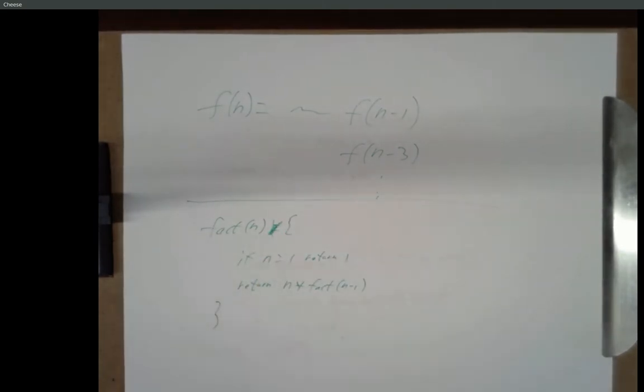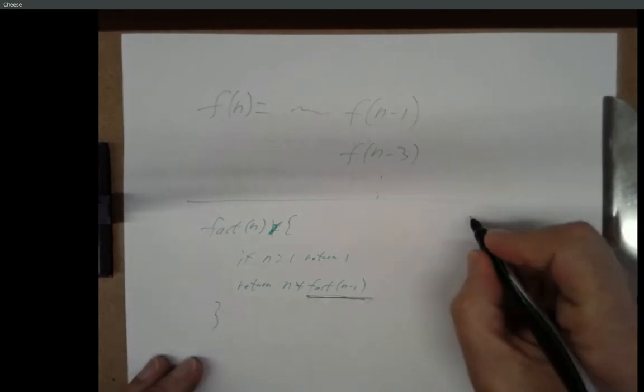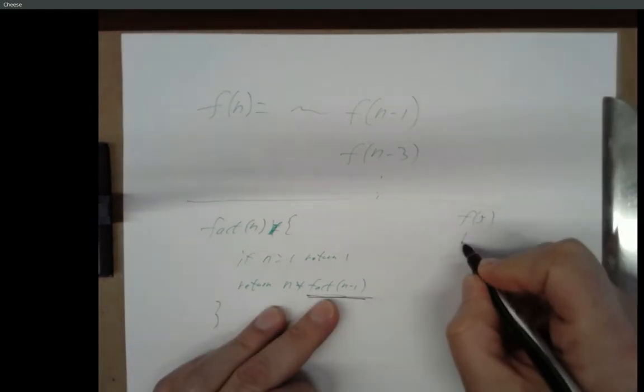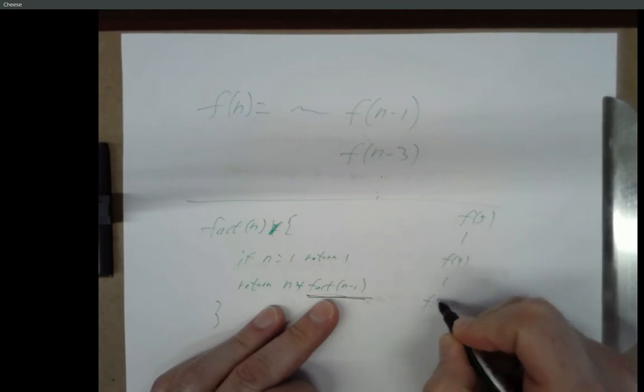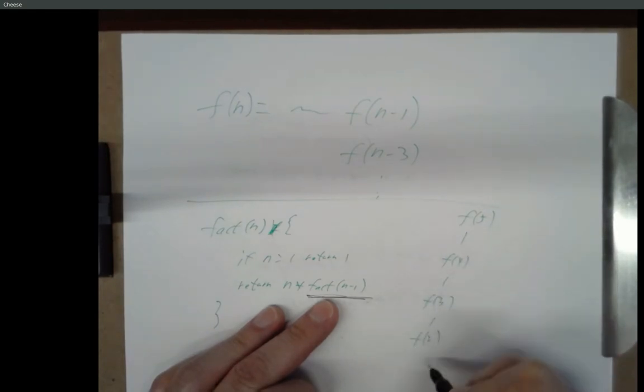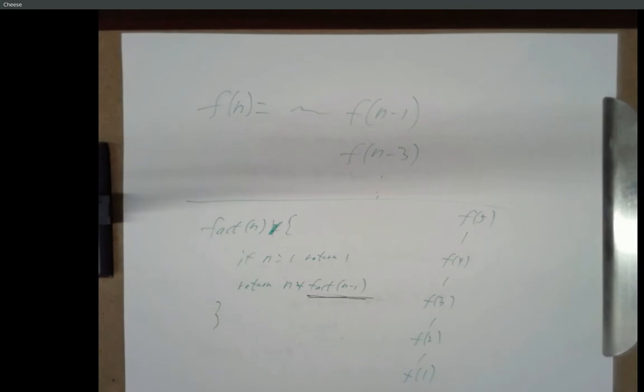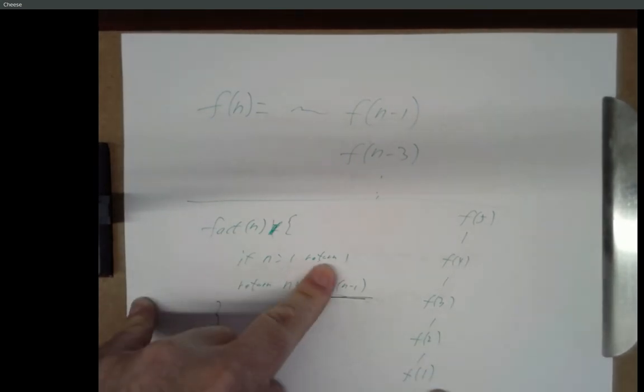Otherwise, return n times fact of n minus 1. This right here is the recursive part, right? So it's calling itself. In this example, if we want to calculate fact of 5, we're going to have to calculate fact of 4, and fact of 3, and fact of 2, and fact of 1. And when we try to calculate fact of 1, it's just going to return right away.